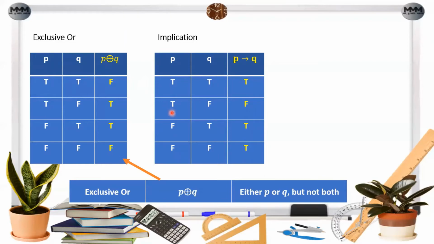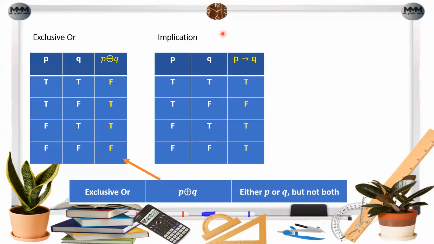And then if the hypothesis is true and Q is false, it will make our compound statement false. If P is false and Q is true, hence our compound proposition is true. Another one, if P is false and Q is false, our compound proposition is true.